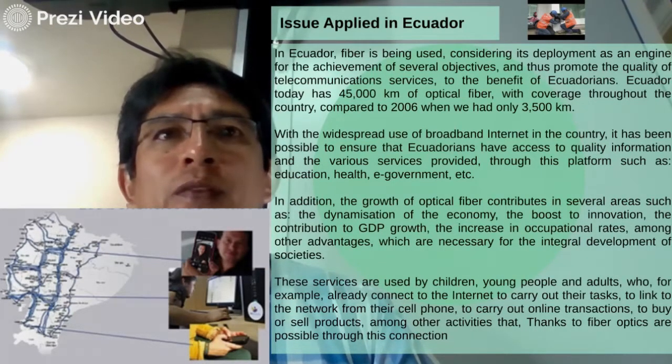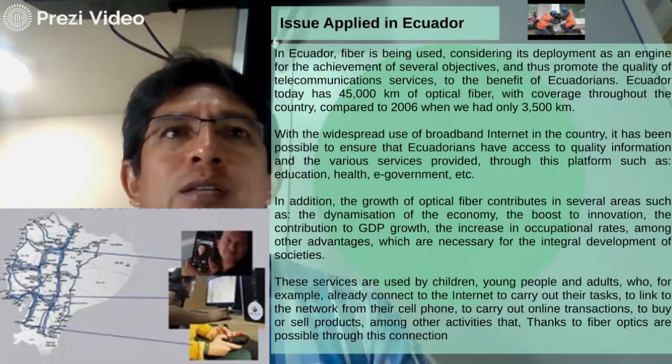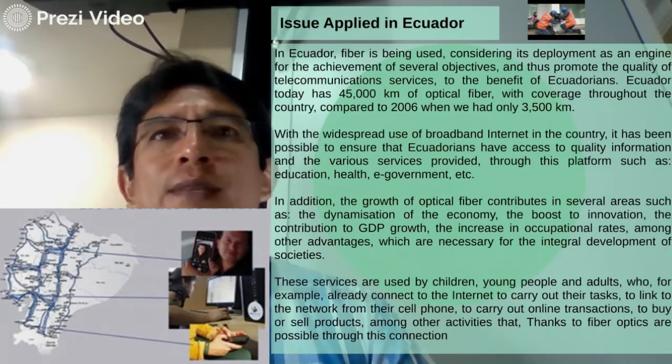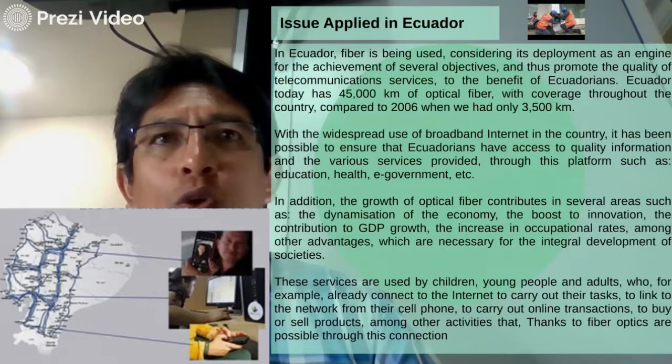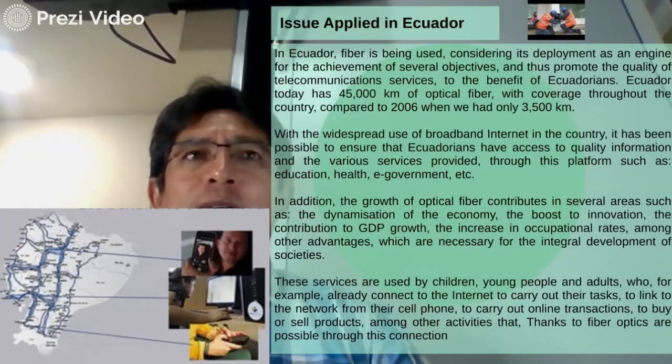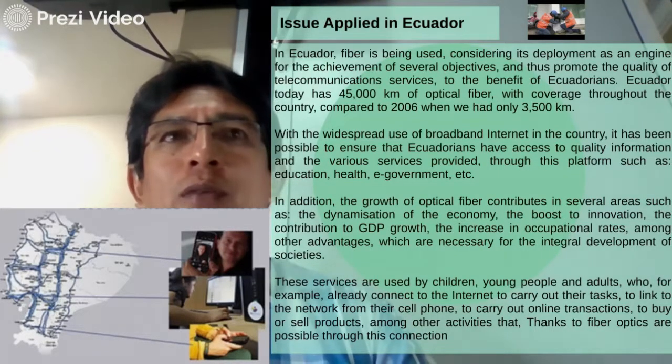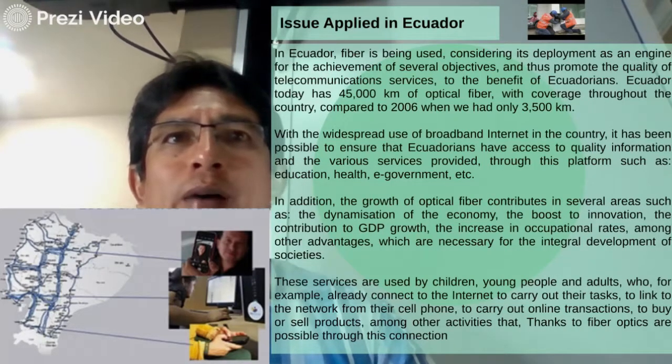With the fiber, and also the bulk internet in the country, it has been possible for Ecuadorians to have access to quality information and the value services provided through this platform, such as education, health, government, etc.